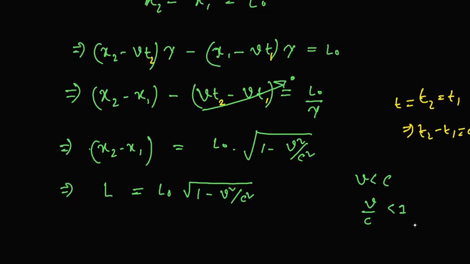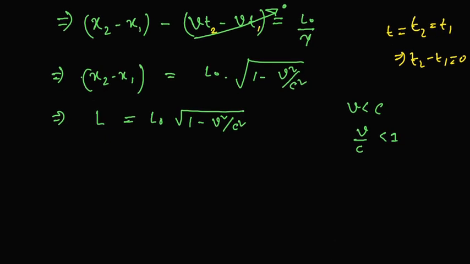So 1 minus v square by c square is less than 1, which gives us a fractional number, and of course the root over 1 minus v square by c square also gives us a fractional value less than 1.